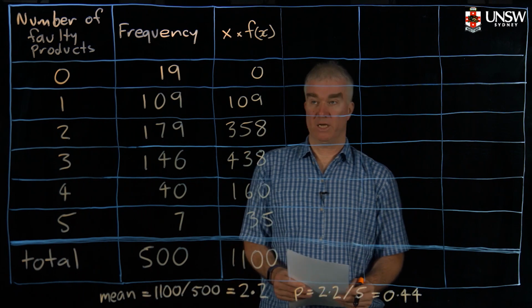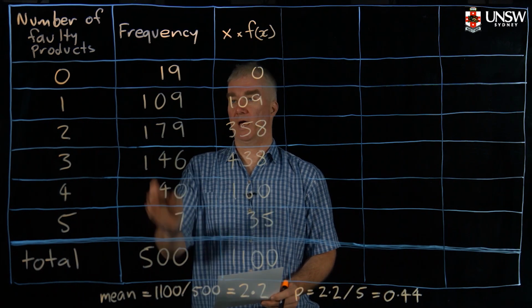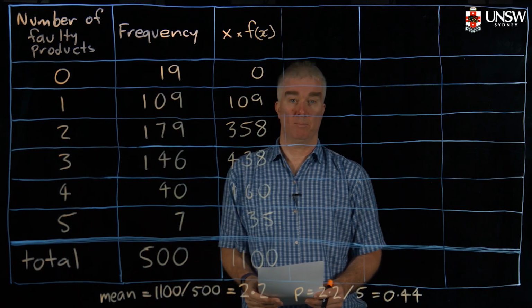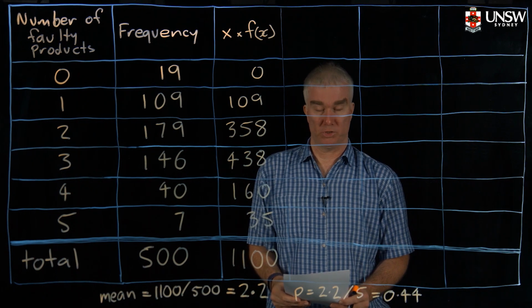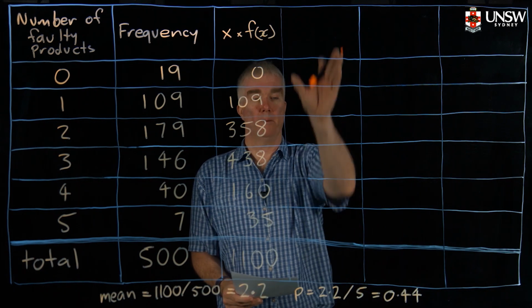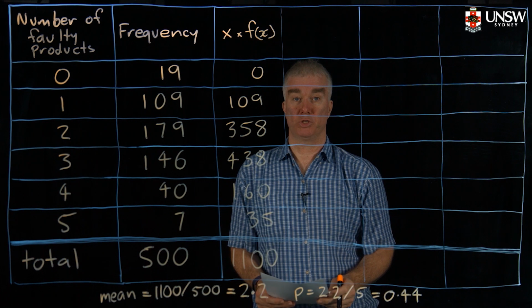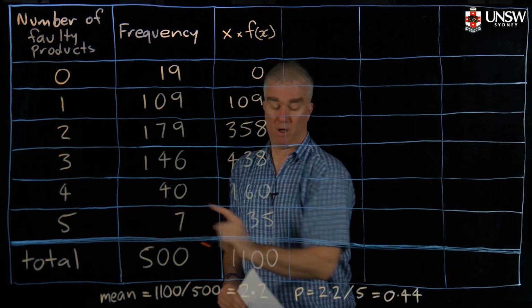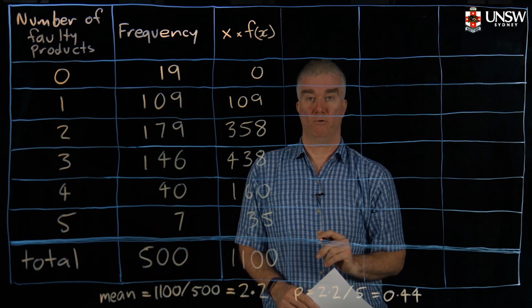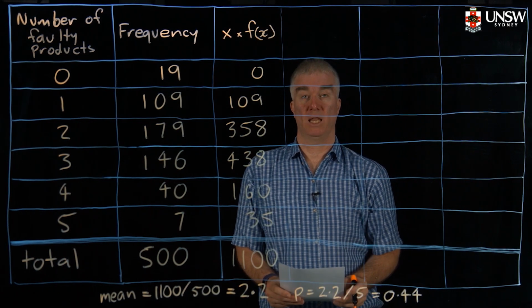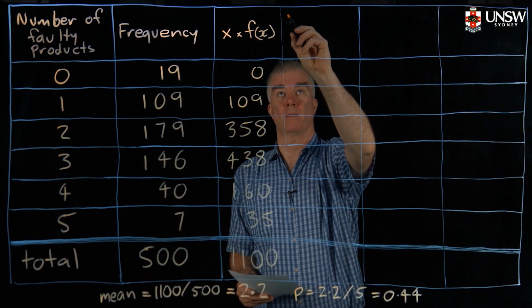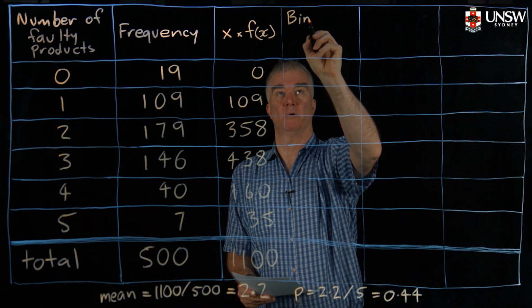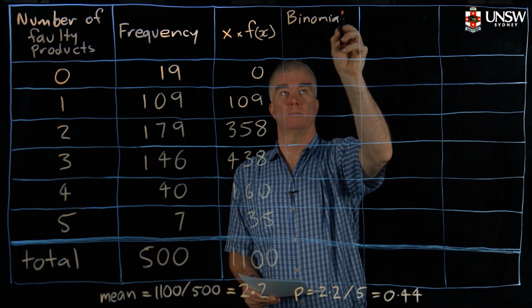So the next thing we need to know, since we're trying to work out if these numbers fit a binomial probability distribution, is what would a binomial probability distribution look like in this case if it had n equals 5, p equals 0.44. So you know the formula. We're filling this in with the binomial probability.